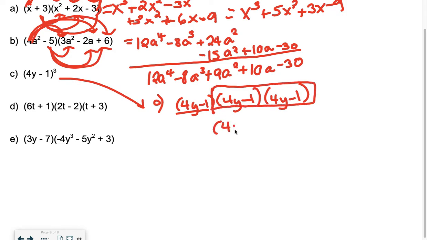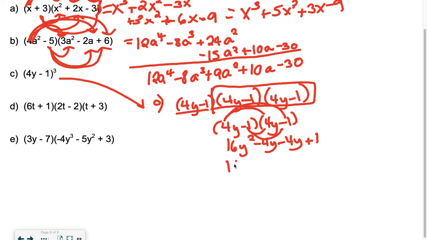So 4y minus 1 times 4y minus 1, 16y squared minus 4y minus 4y plus 1 is 16y squared minus 8y plus 1.